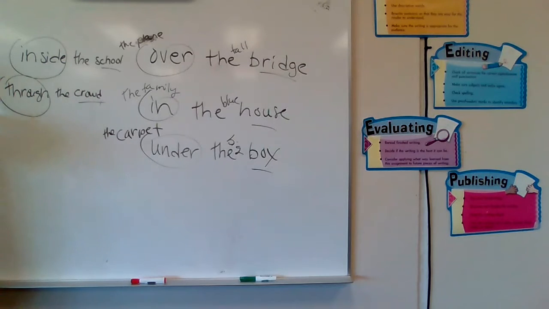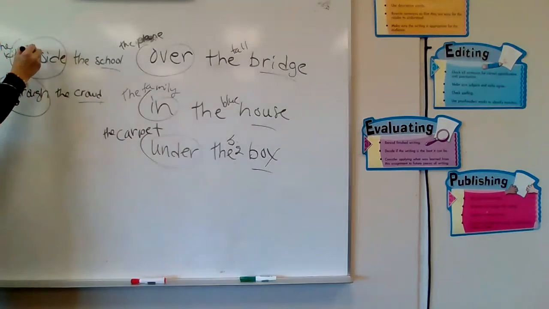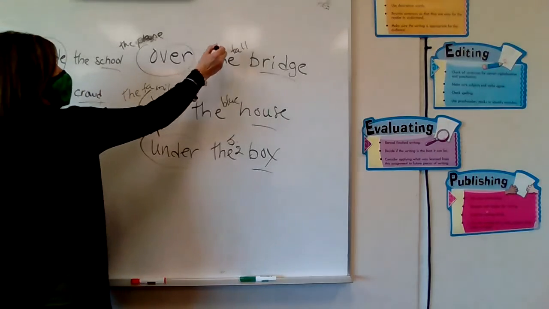So if I said the rustling through the crowd, the kids inside the school. Now, if we had nouns in front of these, these are describing the noun in front of them.